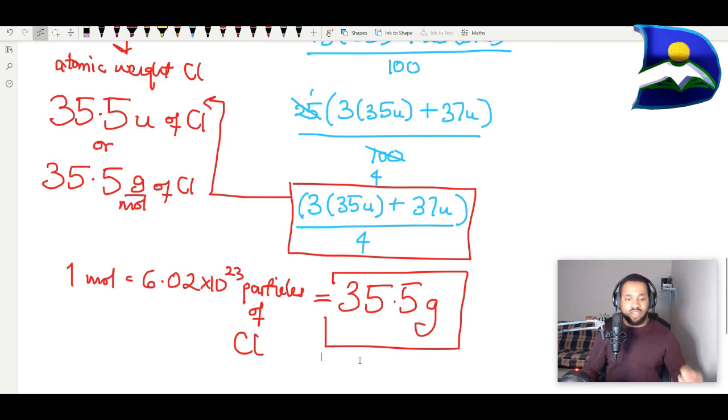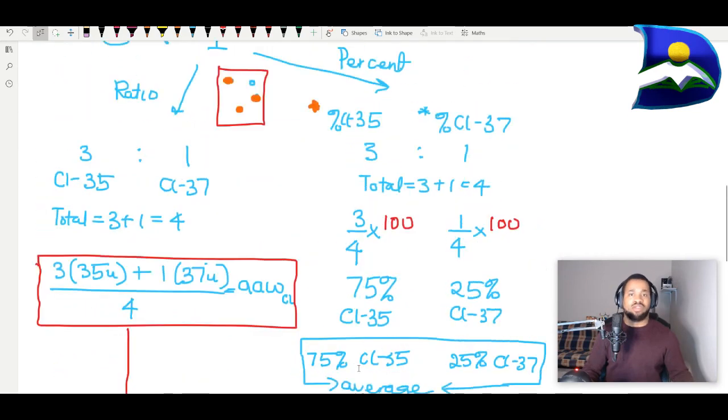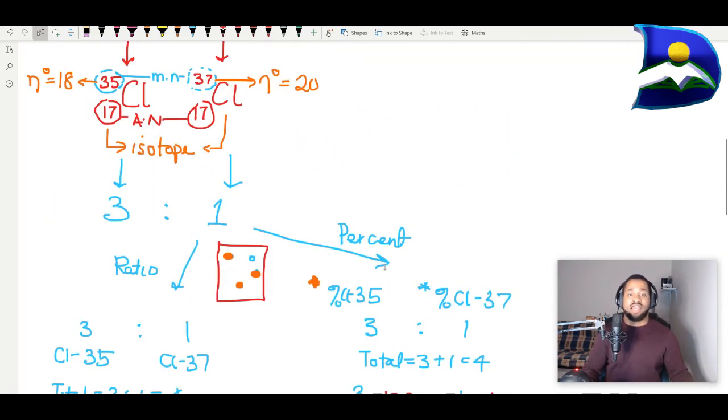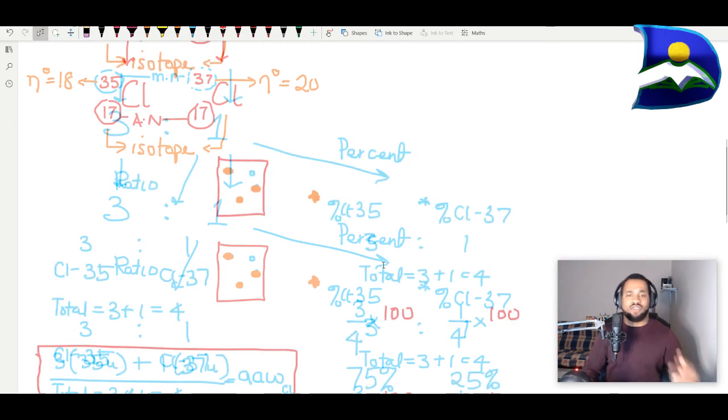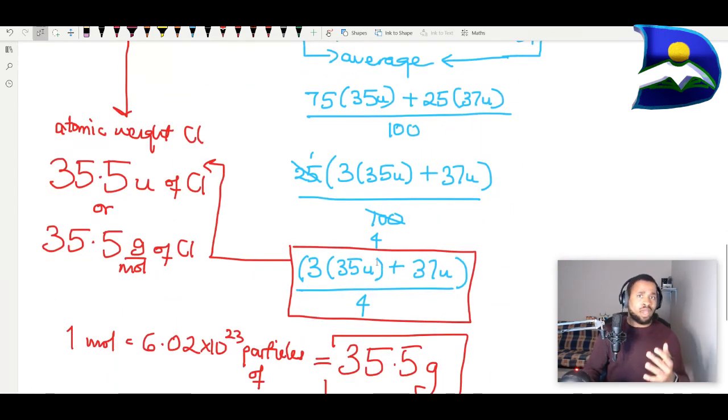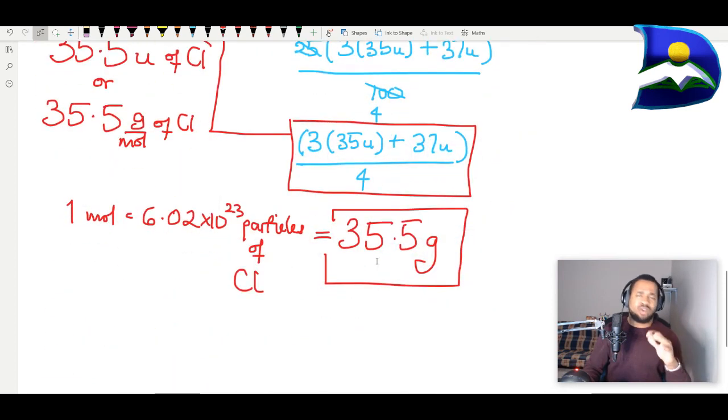So in this particular video, you're able to explore two methods, one involving ratios and the other involving percent, in order to determine the atomic weight of, in this case, chlorine. I won't call it molecular weight because in here you're not building molecules, you're focusing mainly on atoms, and the same atoms, although different in terms of the number of neutrons, they do have a relative abundance which is measured using this particular method, which is called the atomic weight.